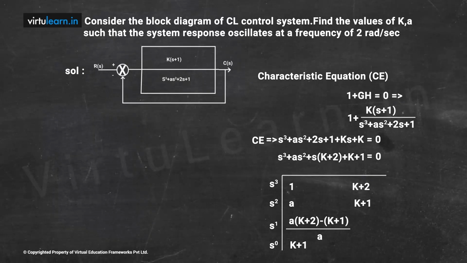That is K plus 2 minus (K plus 1) into 1 divided by a. The s power 0 row you need not calculate, I can take K plus 1 directly. Now this is a complete Routh's array. Because we have s cube, there are only 1 or 2 calculations, that's it.